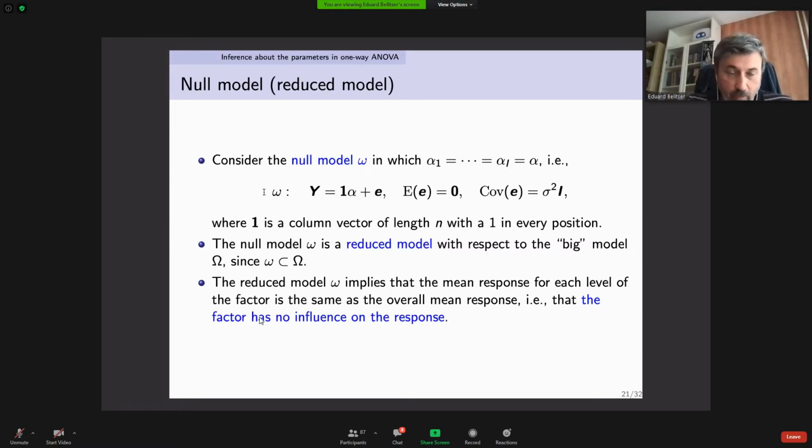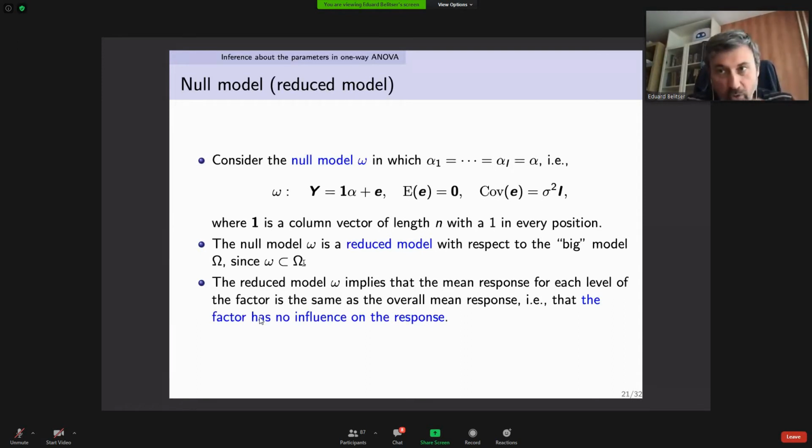This model is called omega small, and it's a reduced model. Of course, this is a submodel of our big model when we have matrix X here, remember? When we let alphas vary, we have a bigger set of possible models, and of course this contains this particular case. Therefore, our reduced model is a submodel of this big model.